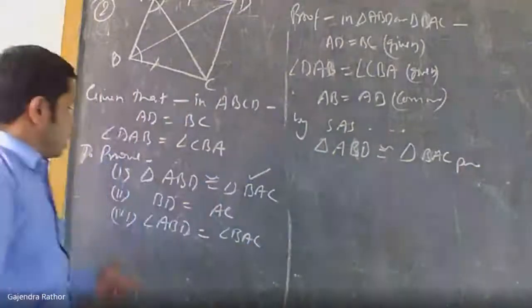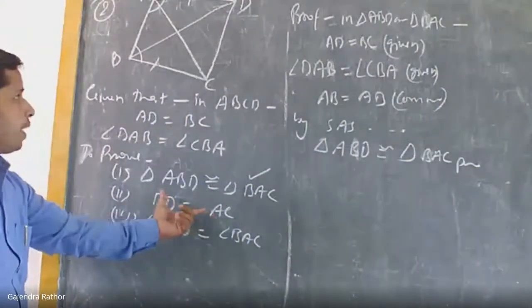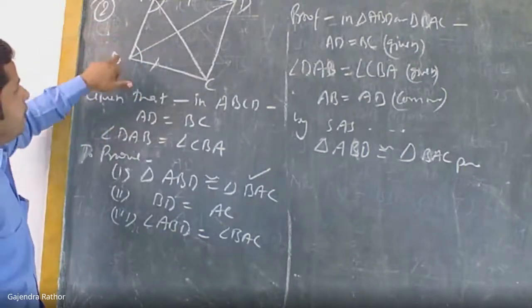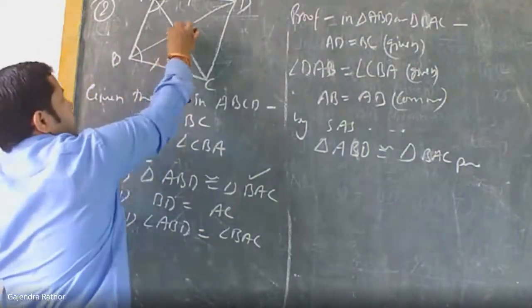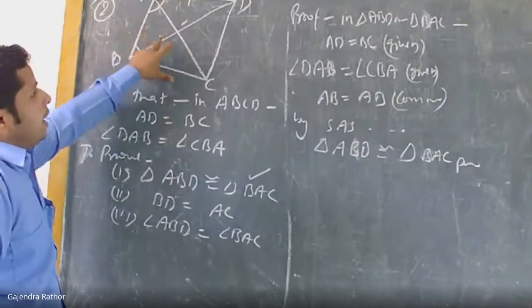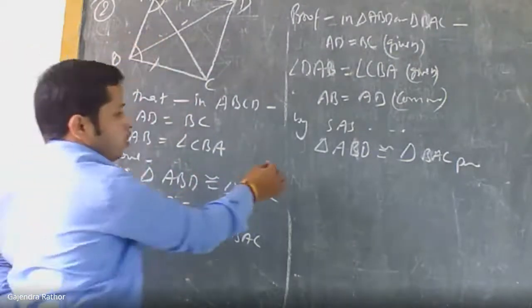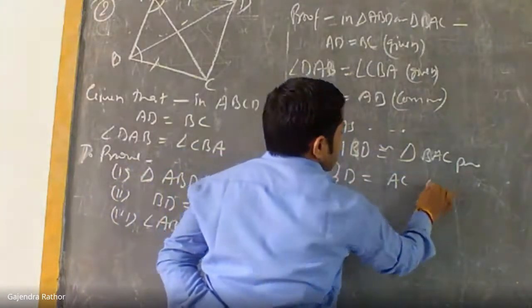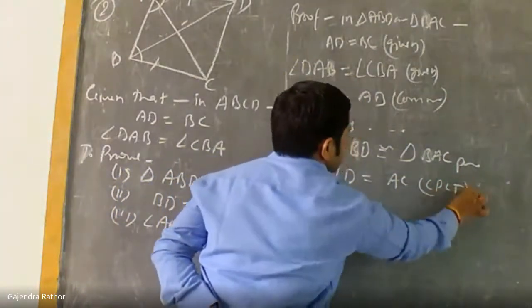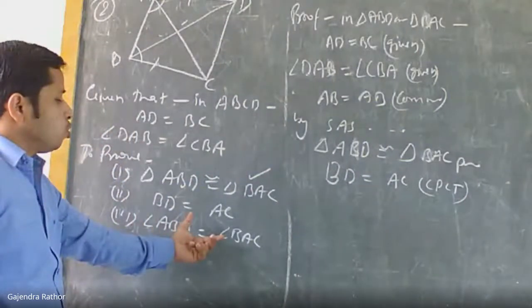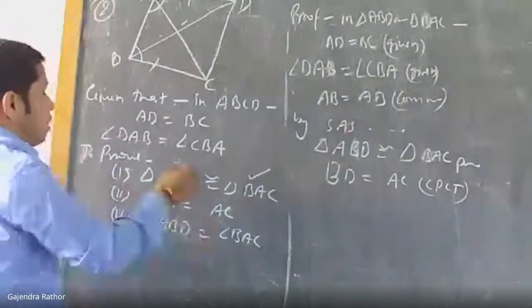Okay. Now second point, BD is equal to AC. So BD is that line, and AC is a line of the second triangle. So BD is equal to AC by CPCT. And now angle ABD is equal to angle BAC. First mark these angles.